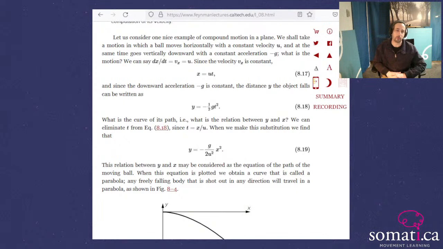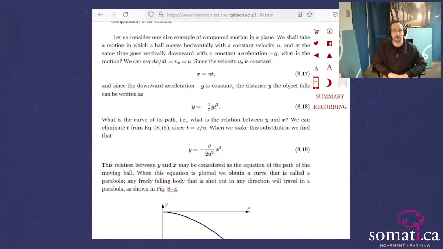So the ball is going to move horizontally with a constant velocity u, and then it's accelerated downward. What is the motion? So you can say that the change in the x position with respect to time is the velocity in the x position, and that's what we're calling u, right?